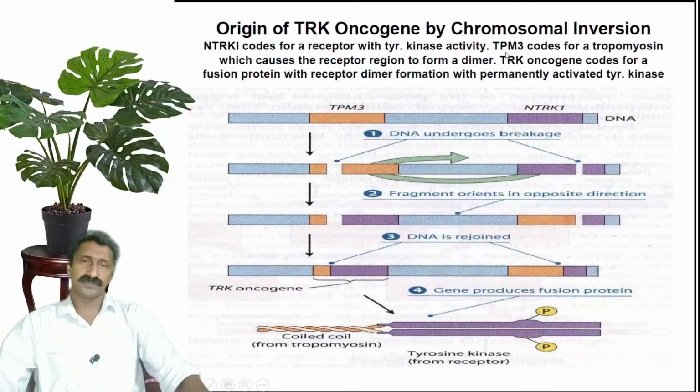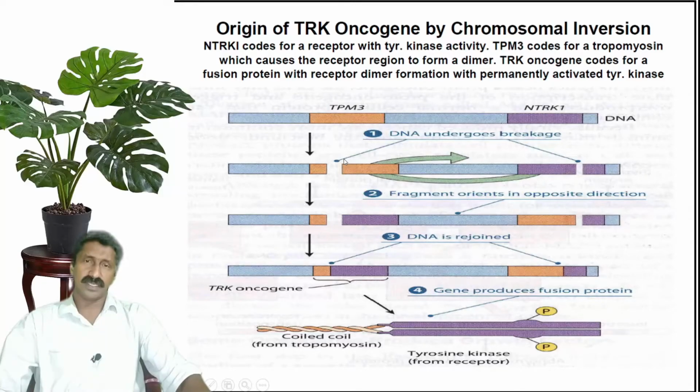And this is TPM3, the tropomyosin gene, which codes for tropomyosin and causes the receptor region to form a dimer. This is the tyrosine kinase gene, the second one.